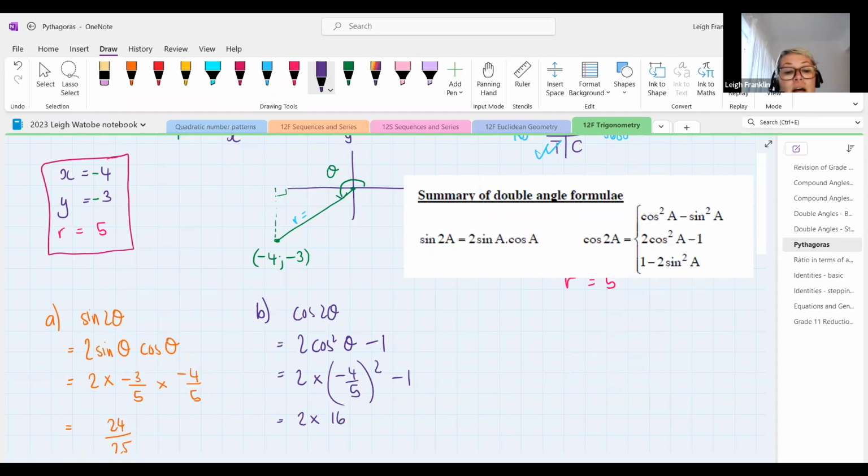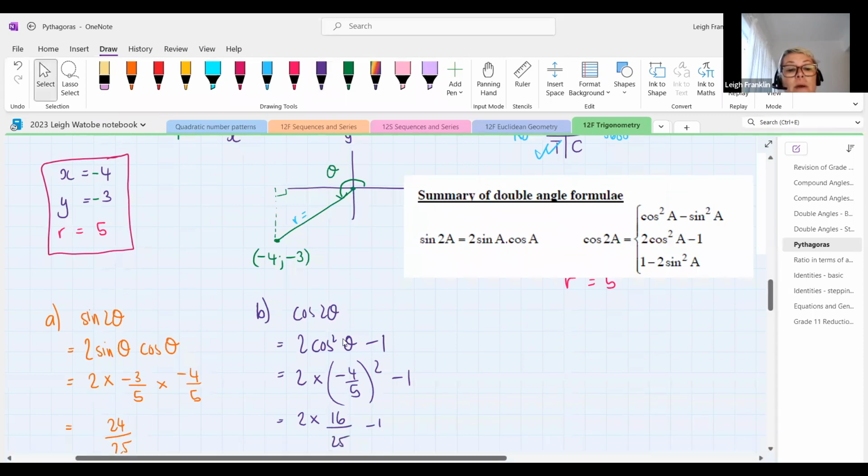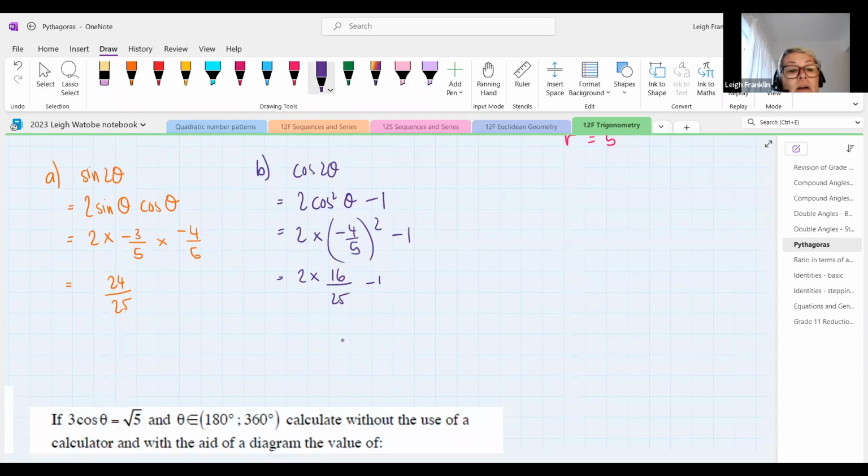So this leaves us with 16 over 25, which gives 32 over 25 minus 1. And our final answer would end up being 7 over 25, if my maths is correct. Just double check myself. Yes, there we go.